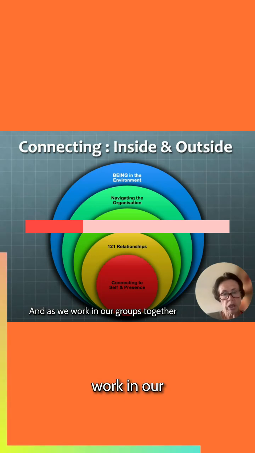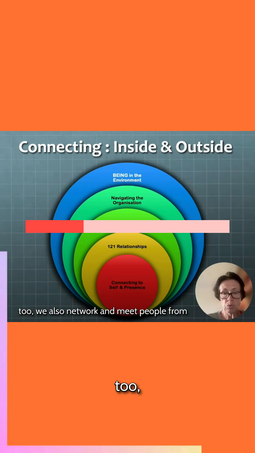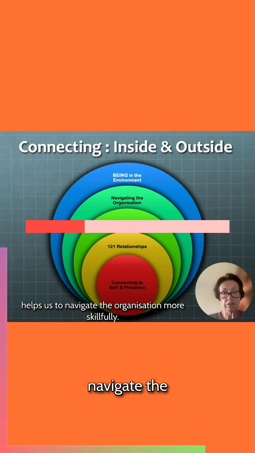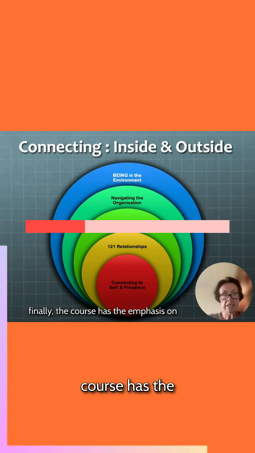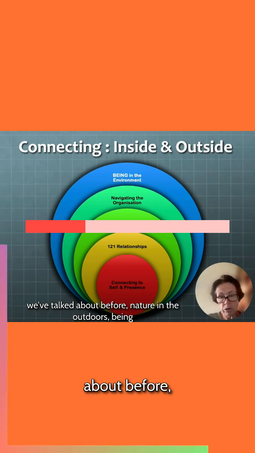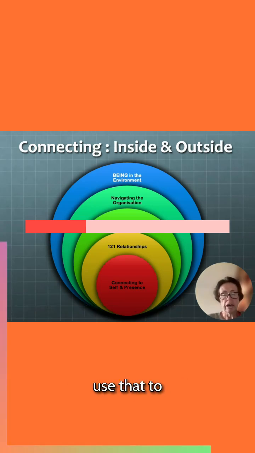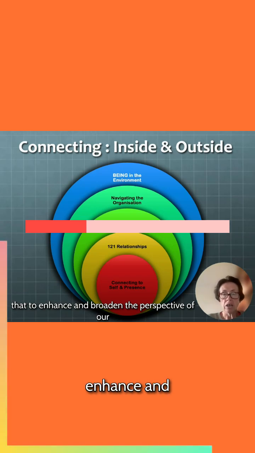And as we work in our groups together too, we also network and meet people from other parts of the organisation, and that inevitably helps us to navigate the organisation more skillfully. Finally, the course has the emphasis on, we've talked about before, nature and the outdoors, being in the environment, and perhaps how we can use that to enhance and broaden the perspective of our work.